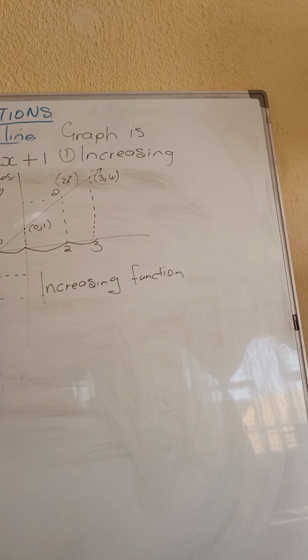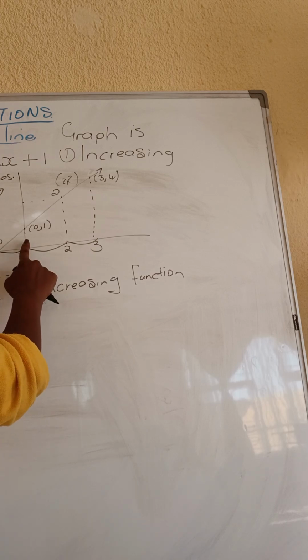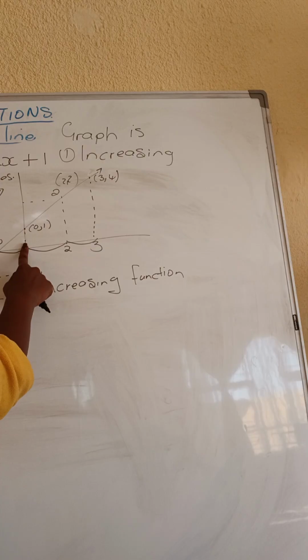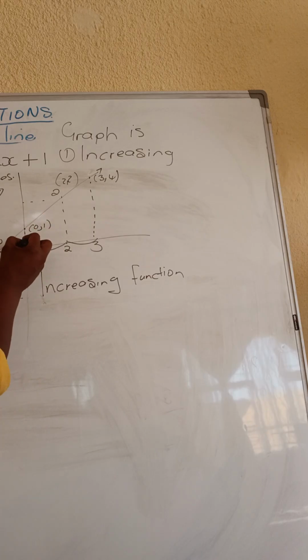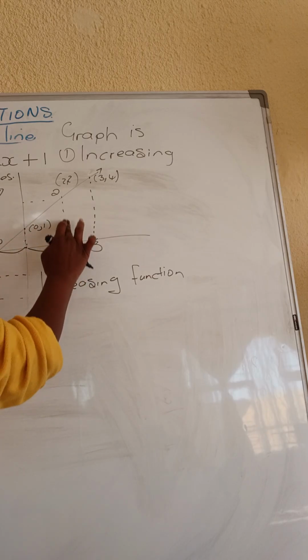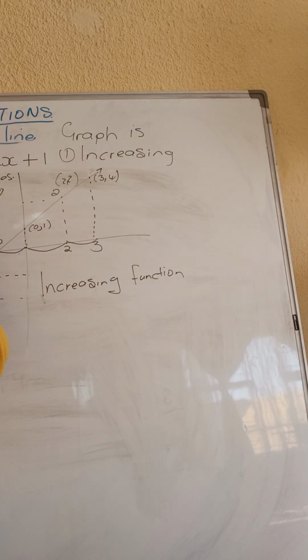I had a -3, I had a -2, and yes, I had a 0. I increased, I had a 2. I increased. So remember, the y values are increasing that way.